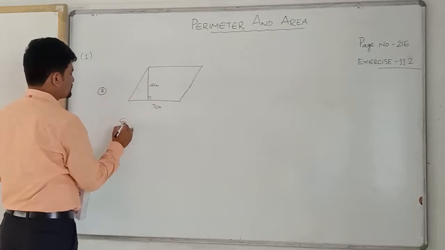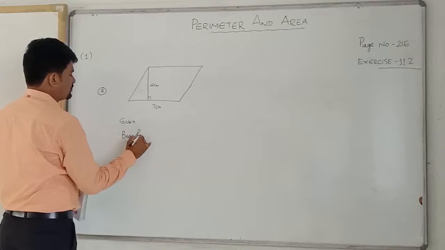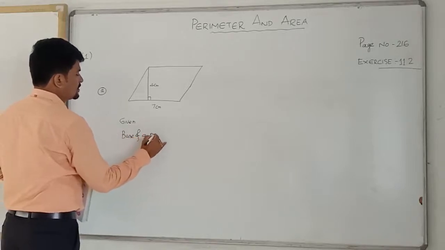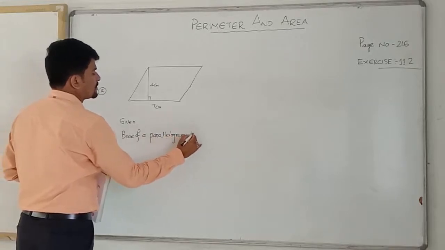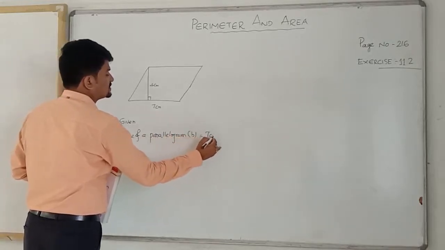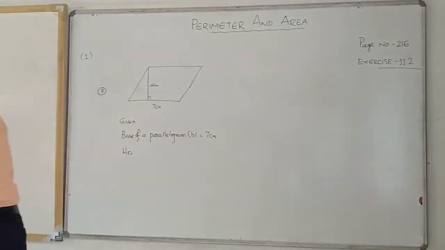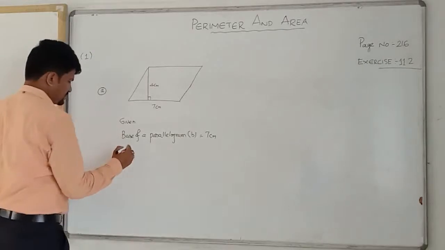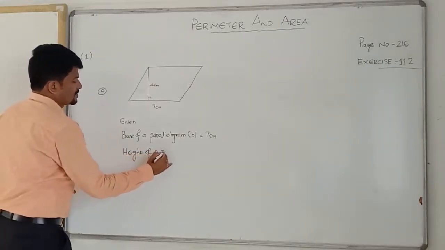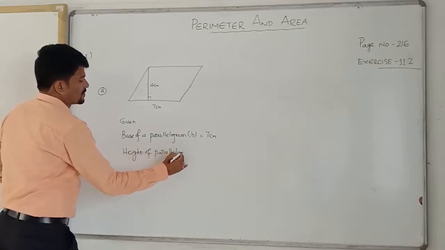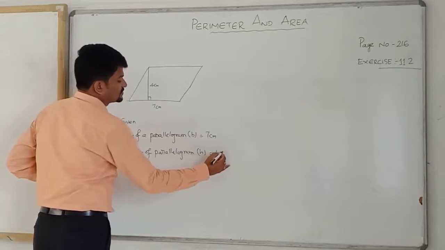Therefore, given: base of a parallelogram is 7 centimeters, and the height of a parallelogram h is equal to 4 centimeters.